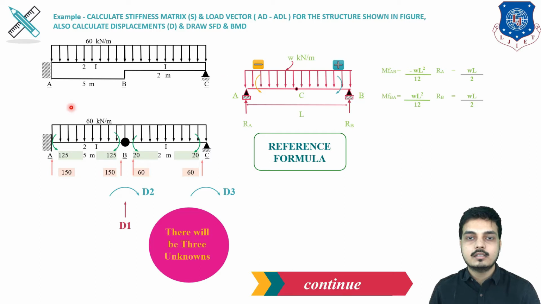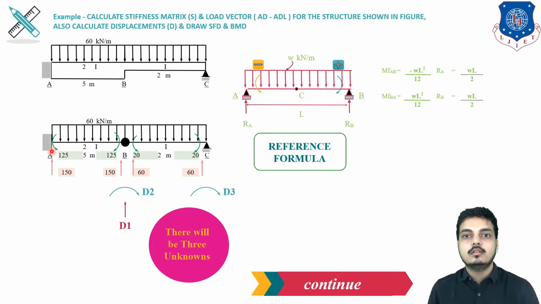Here minus means anti-clockwise, plus means clockwise. Similarly, the 60 kilonewton per meter load is given here also, so 20 and 20 over here, applying this formula. 60 multiplied by 4 divided by 12 is 20.